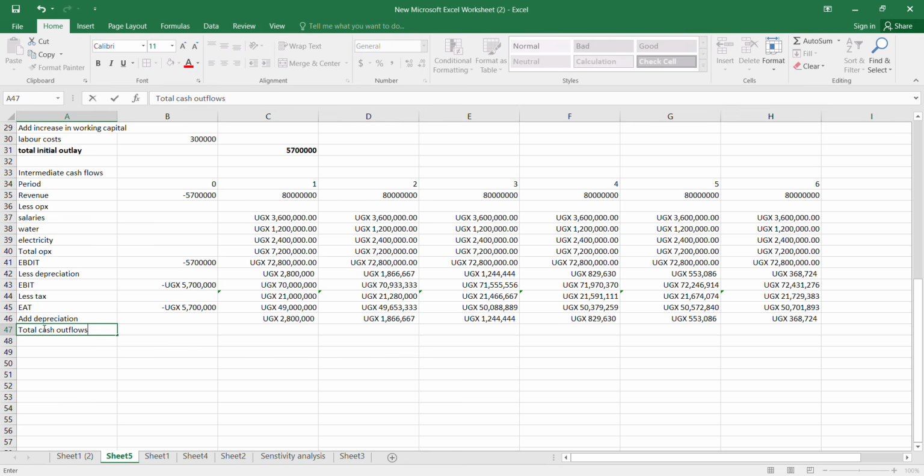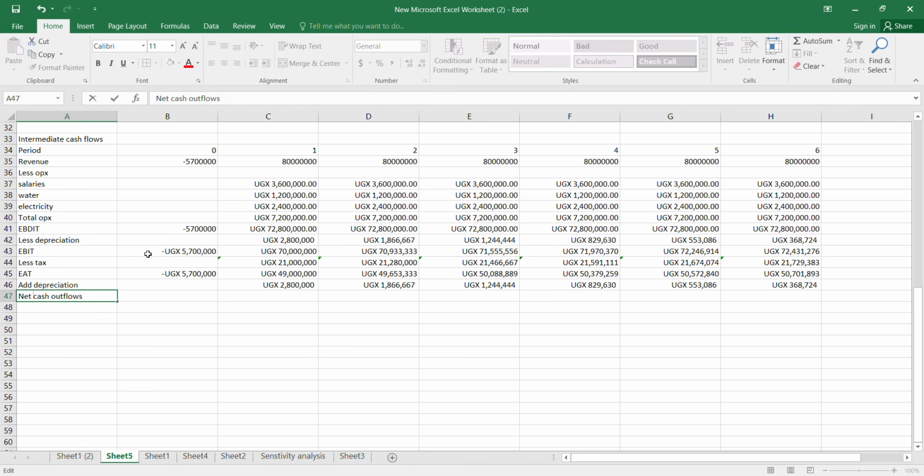Sorry, the net cash flows. They will equal this value here. They will equal the sum of this value here and here.